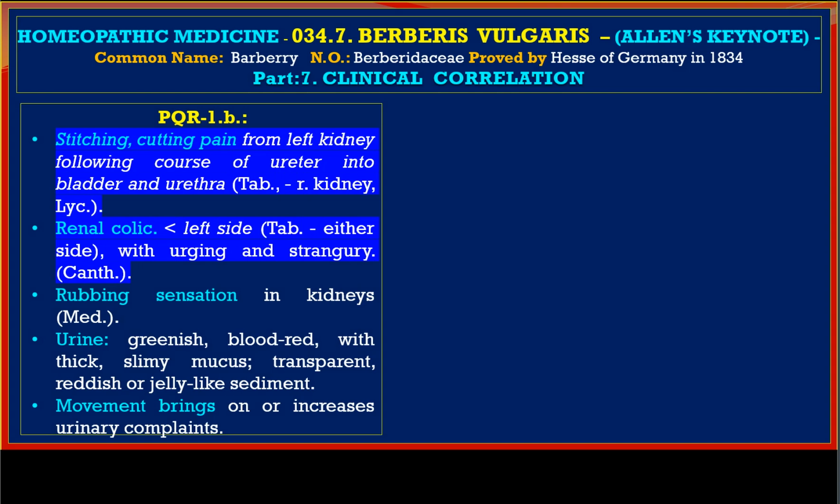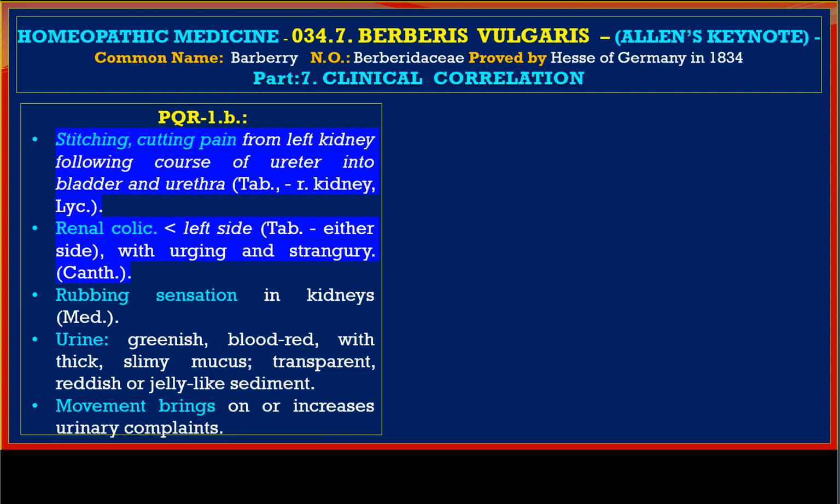So let us see one by one the important points which we have been encountering in PQR 1A, and similarly the last paragraph, which is related to the renal problem only, we have referred to as PQR 1B.